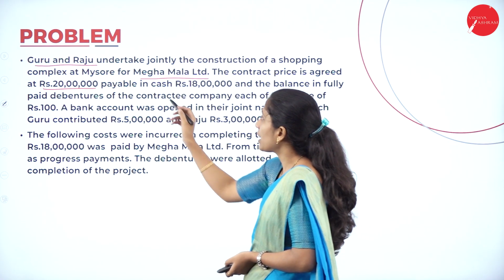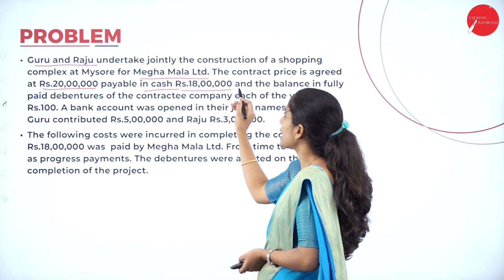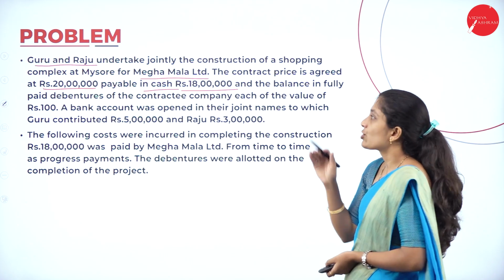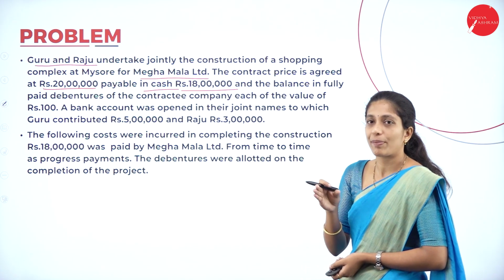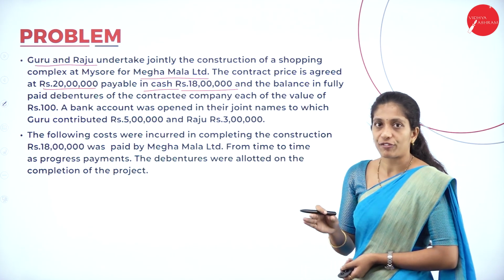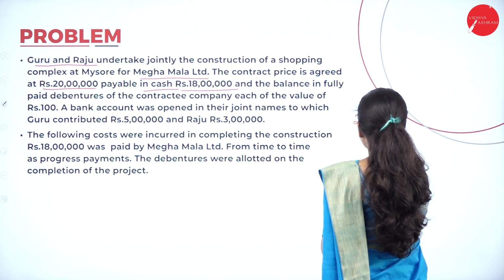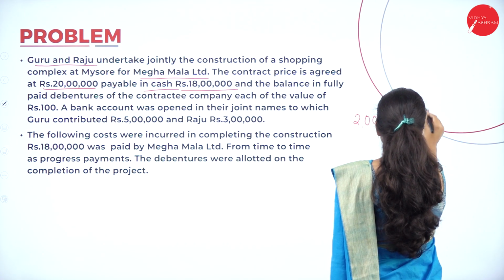20 lakh, payable in cash rupees 18 lakh and the balance in fully paid debentures. So how has this 20 lakh to be paid? 18 lakh in the form of cash and the remaining 2 lakh in the form of debentures.